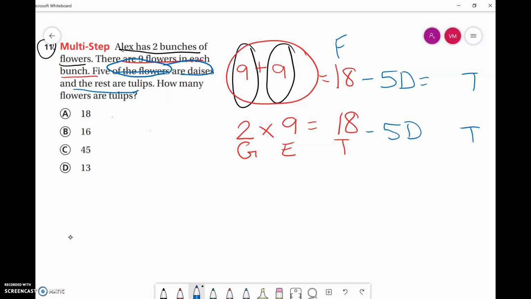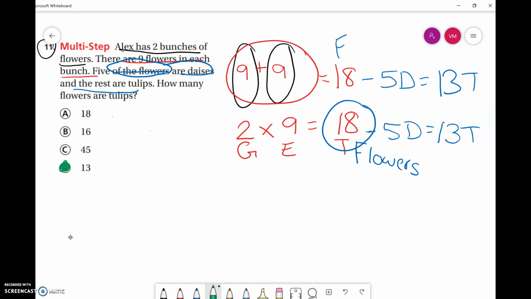If I take away those 5 daisies from the total number of flowers, if I have 18 and subtract 5, I get 13 flowers that are tulips left. Therefore, that was my answer: 13.